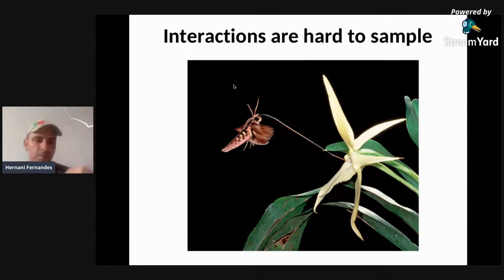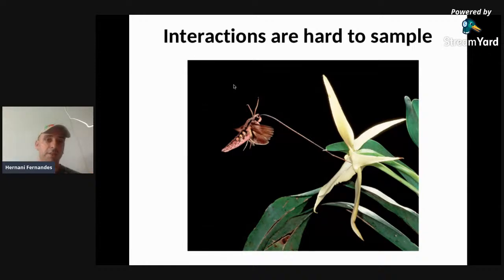But at the time, and even much later, nobody had recorded any moth with a proboscis this big, or even recorded this interaction in the wild. He predicted this in 1862, and it was not until 1992 that someone actually recorded this interaction in the wild.